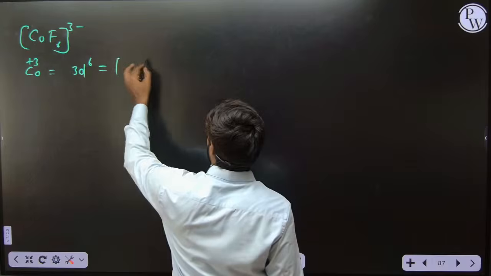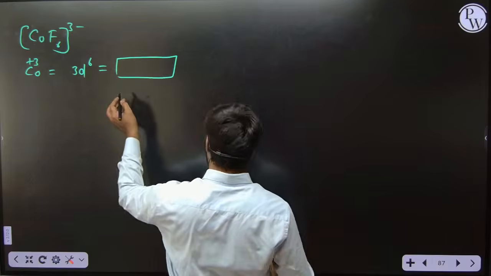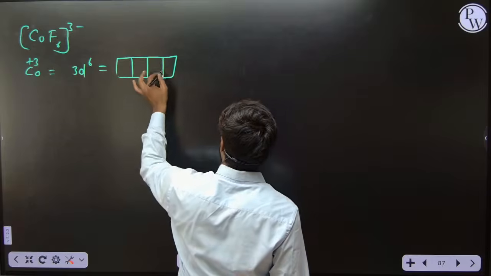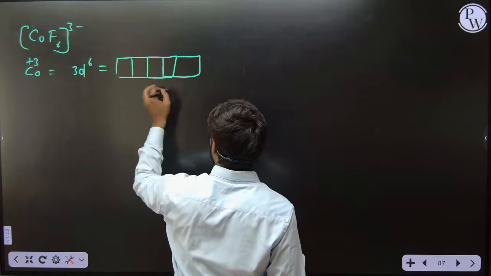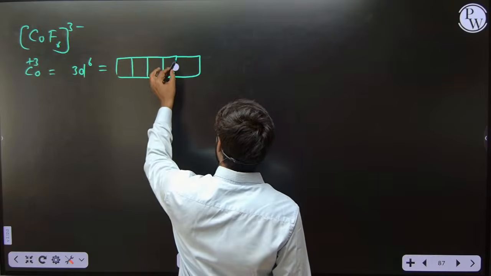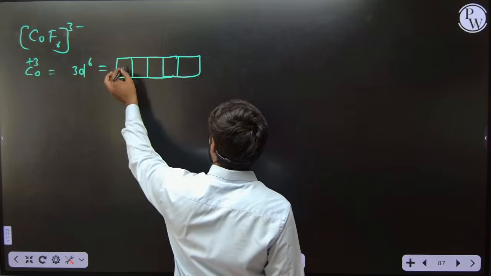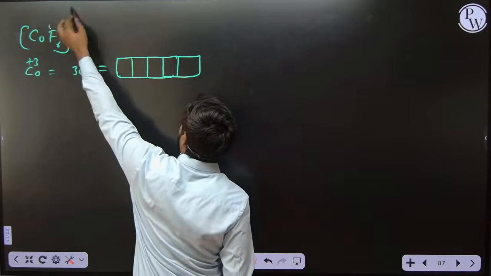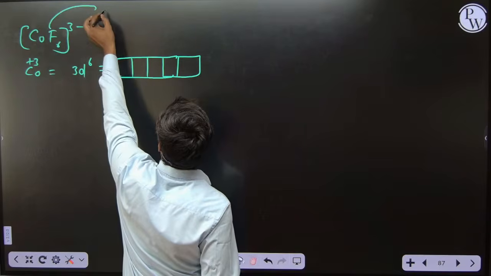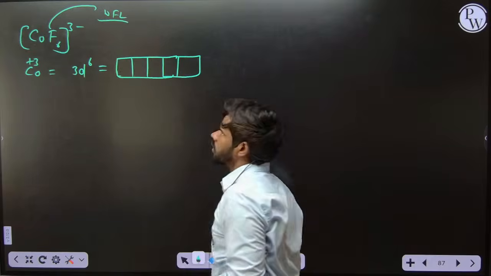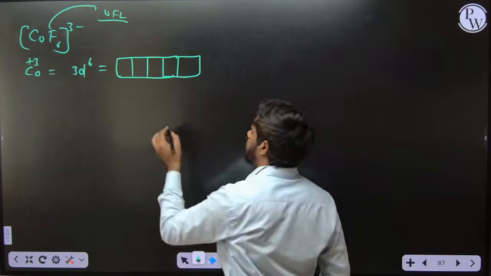So the 3d6 orbital has 6 electrons. And fluorine is a weak field ligand, and a weak field ligand does not give pairing, so pairing will not occur.